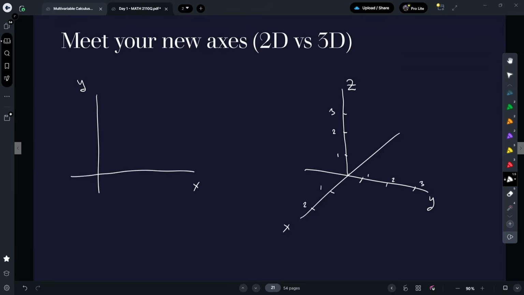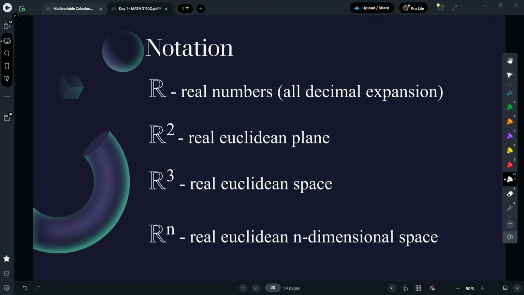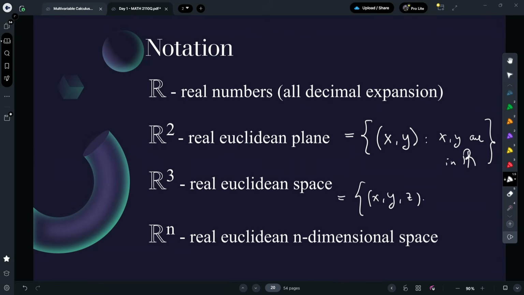I should have said that. When we talk about R2, our points are the set of all possible pairs x, y, where x and y are real numbers. So the first coordinate is the x-coordinate, the second is the y-coordinate, and in R3, our points are going to be 3 coordinates, x, y, z, where x, y, and z belong to the real numbers.